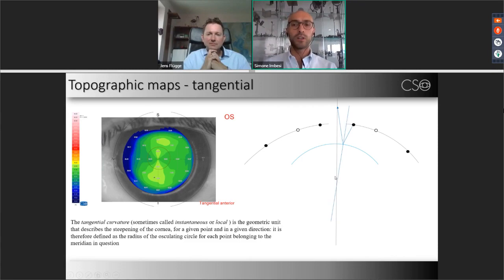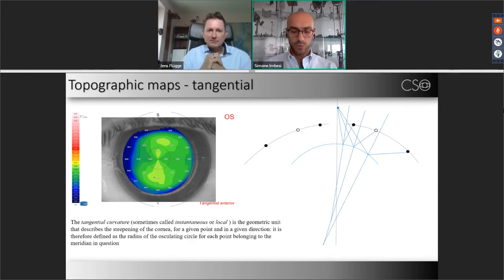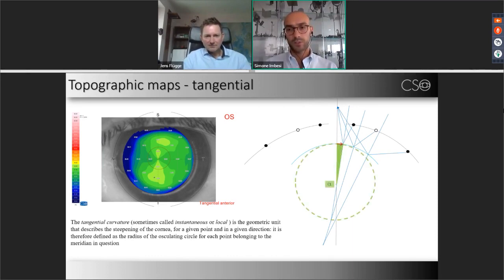Knowing these three things, as you can see from the animation, the software, thanks to a ray tracing procedure, is able to detect the normal to the corneal surface. And once the normal is known, an algorithm allows us to reconstruct the corneal profile using arcs of circles, as you can see from here.